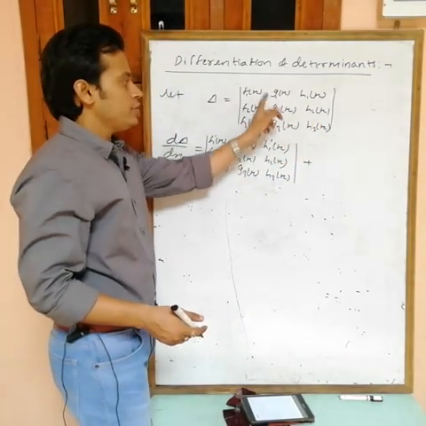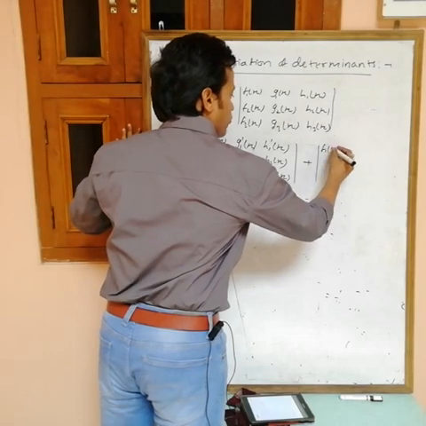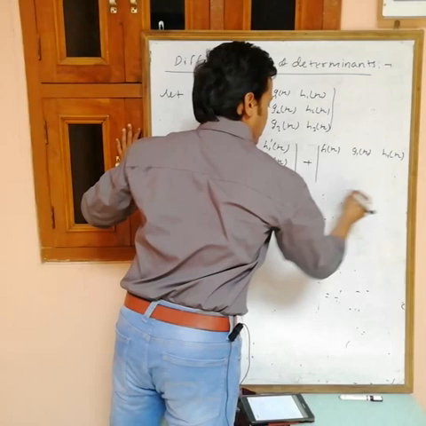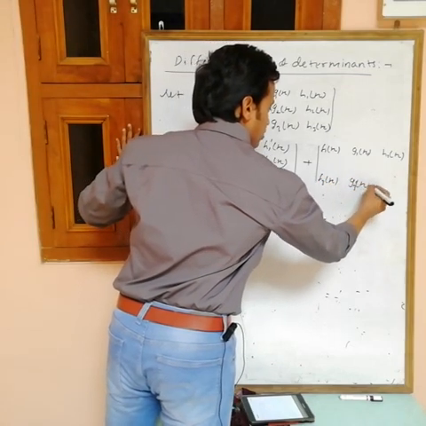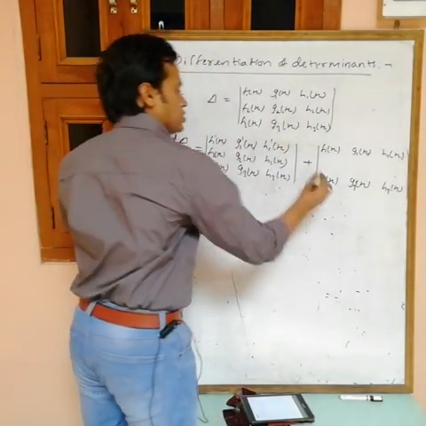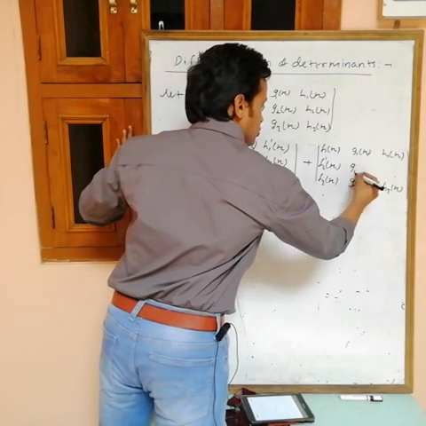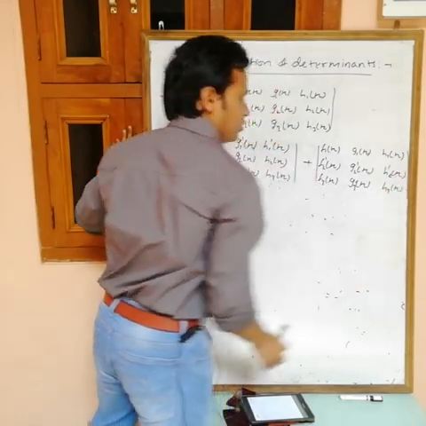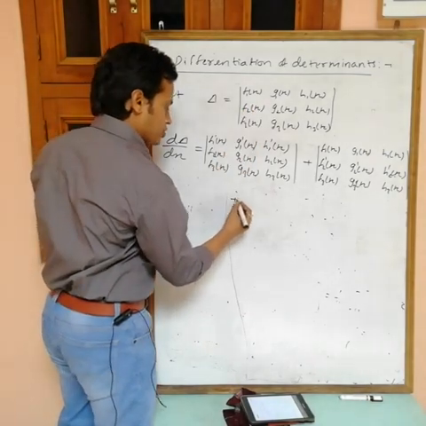When we differentiate it, the first and third remain constant: f1(x), g1(x), h1(x), and the third f3(x), g3(x), and h3(x) remain constant, and differentiate the second one: f2 dash x, g2 dash x, and h2 dash x.